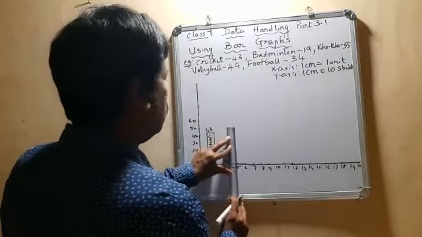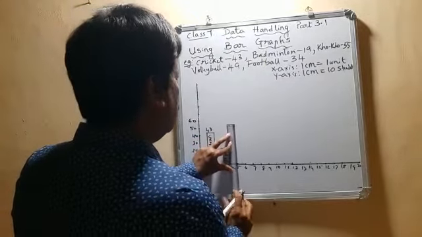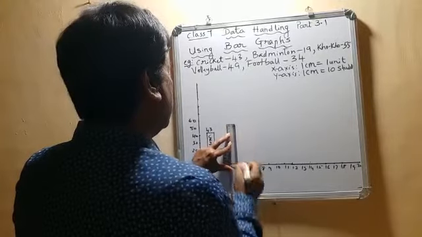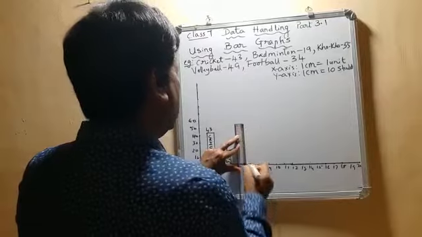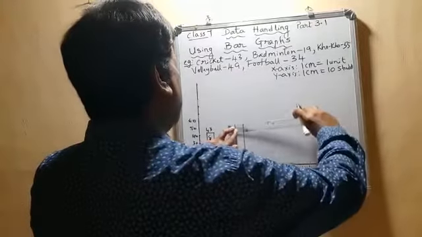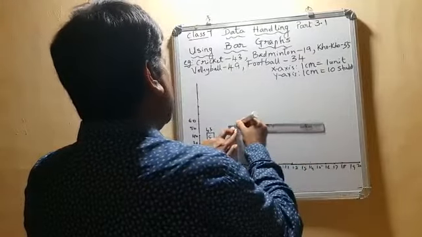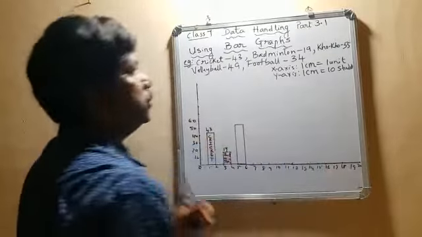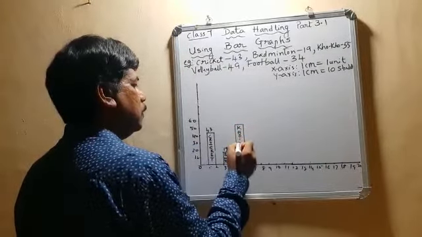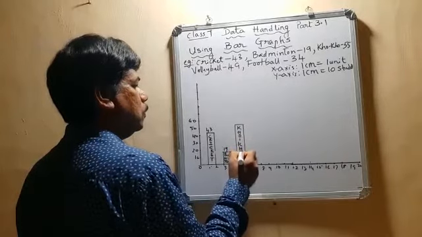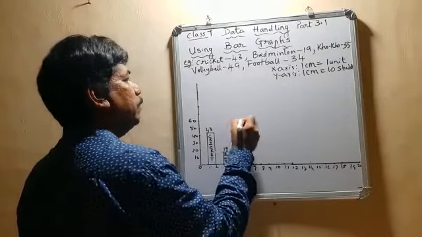So it comes almost up to here. So this is Kho Kho, which is 55.